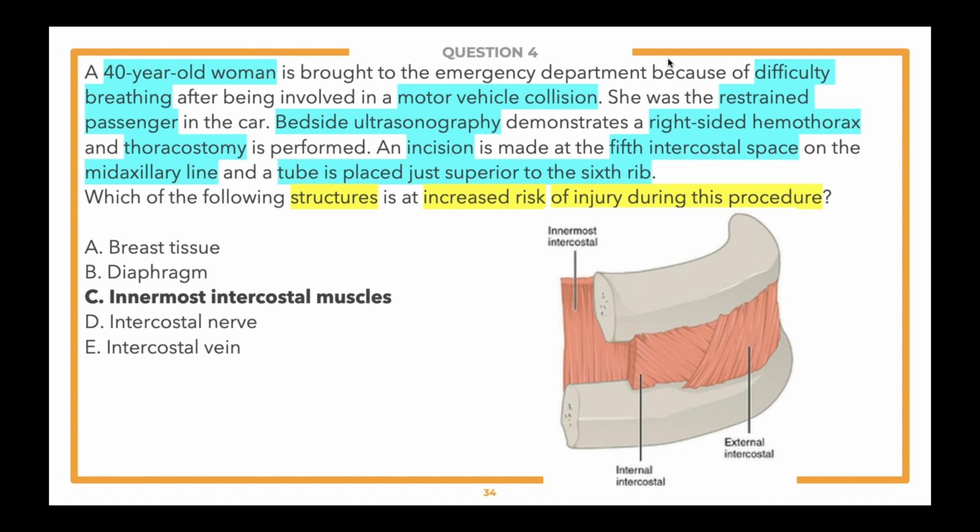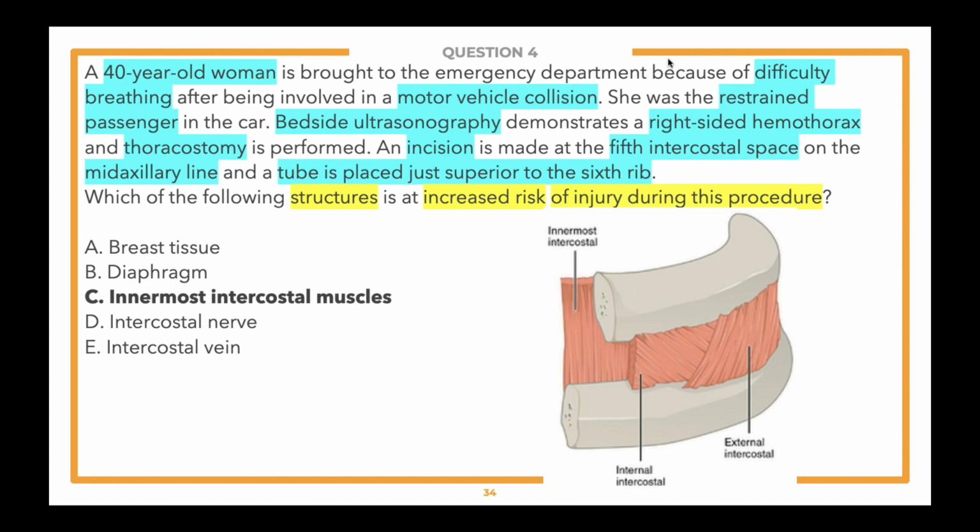Now, the other answer choices. The intercostal vein lies behind the rib, so it's not likely to be damaged. The intercostal nerves lie just under the inferior edge of the rib.